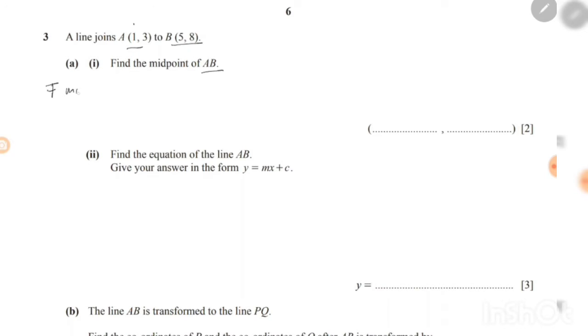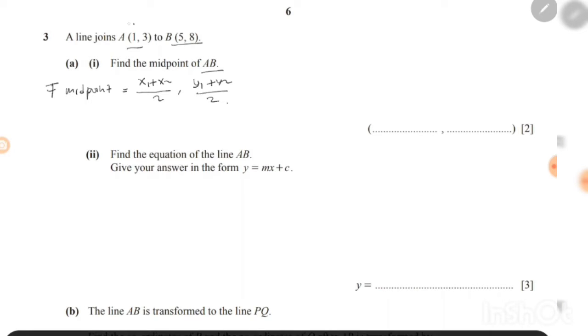Okay, so how do you find the midpoint of AB? In this case, you need to know the formula to find the midpoint. The formula is (x1 plus x2) over 2 comma (y1 plus y2) over 2.